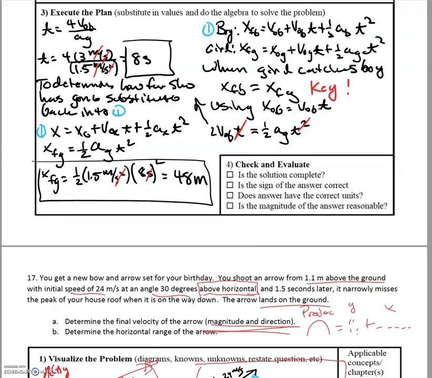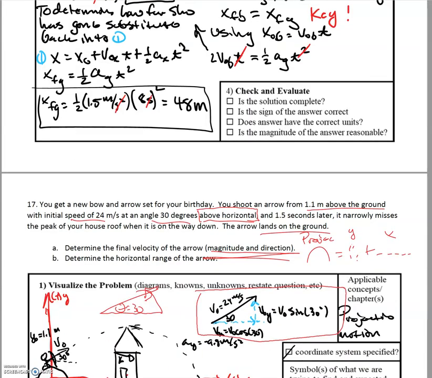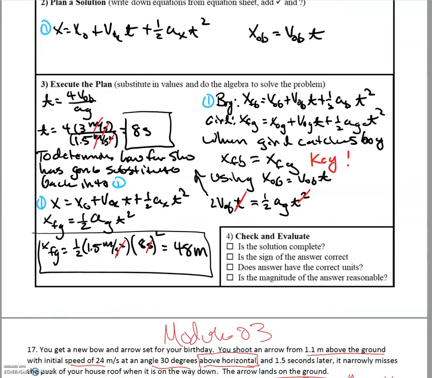So this problem and this last problem are ones that you should study because these are pretty representative of dealing with one-dimensional motion, which is module 1 and 2, and then here this is projectile motion, which is module 3. So these two problems really encompass what we've done so far in this course.